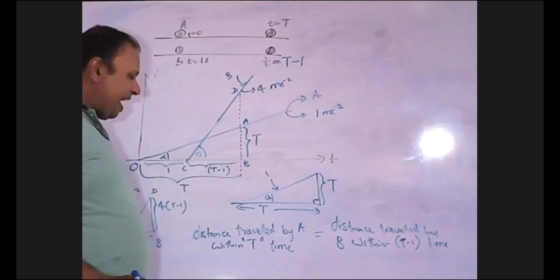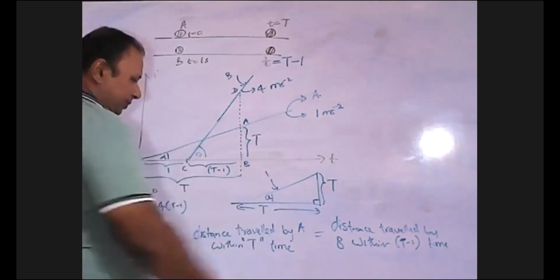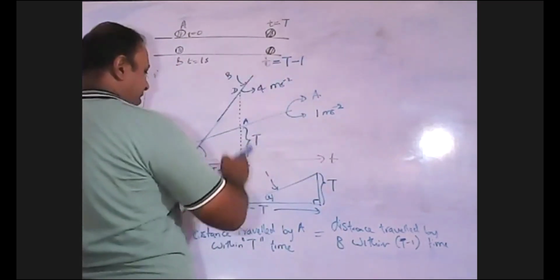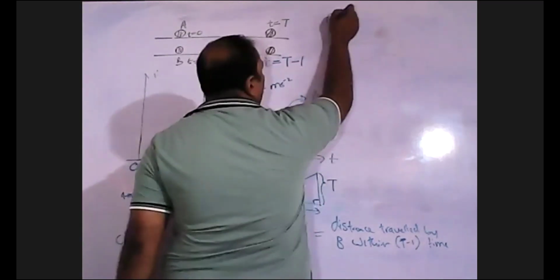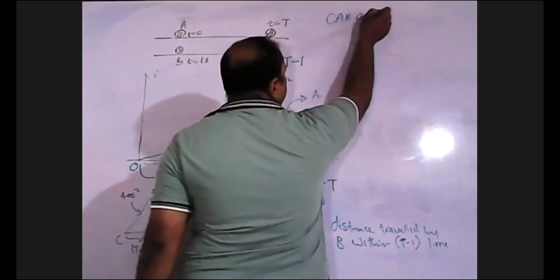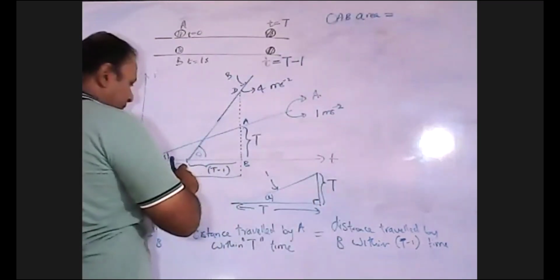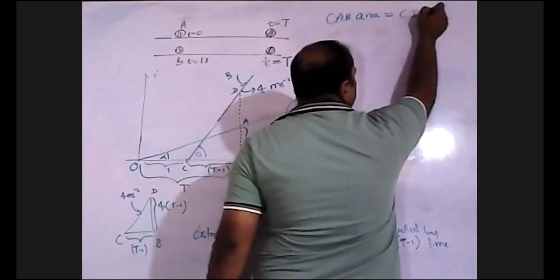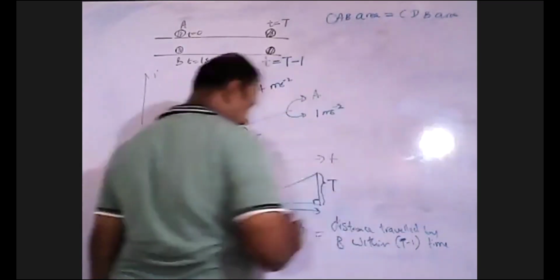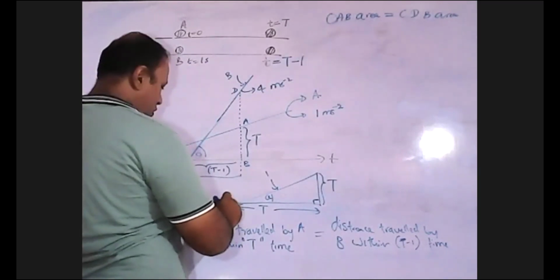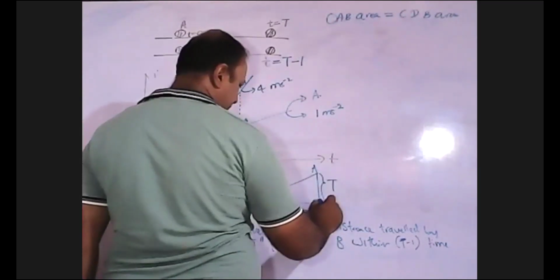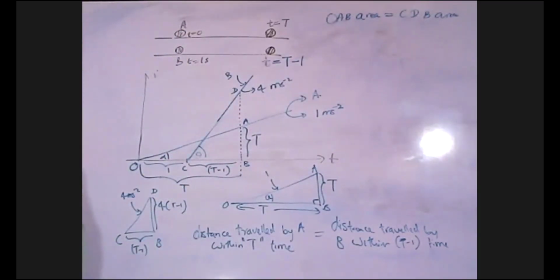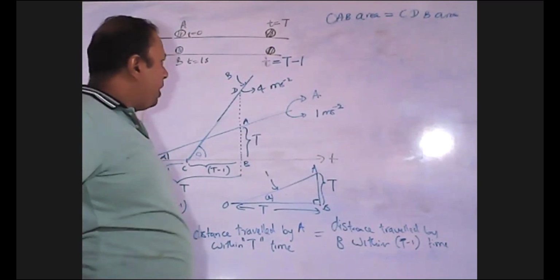Then the distance traveled by A within capital T time, that means this one, is equal to the OAB area. OAB area should be equal to the CDB area.